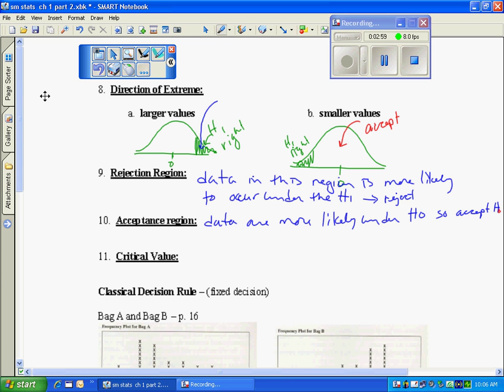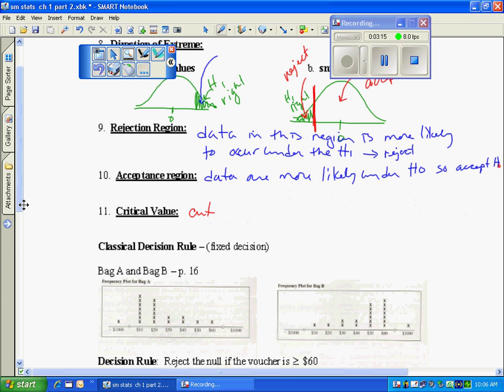So if I land in this region, there's my cutoff, that's where I'm going to reject. So we make up this region well in advance, and we call it a critical value. It's the cutoff value, and it's cutting off the accept from the reject.